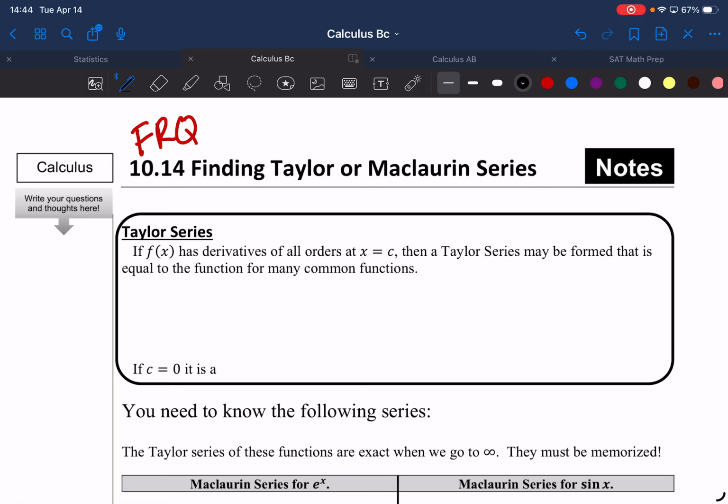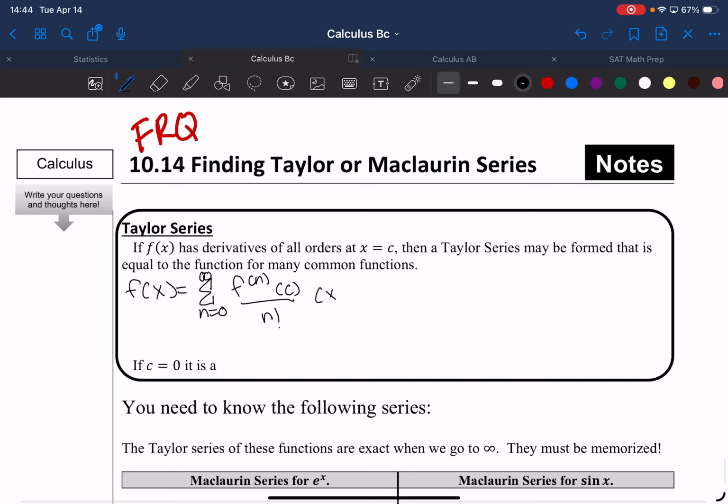And so if you recall, Taylor series, which hopefully you have memorized by now, is the summation of n equals 0 to infinity, f to the nth derivative of c over n factorial times x minus c to the power of n.